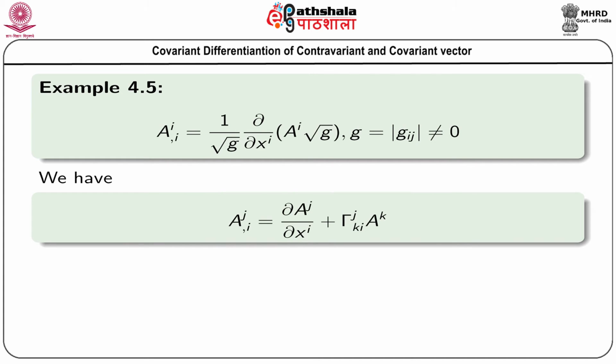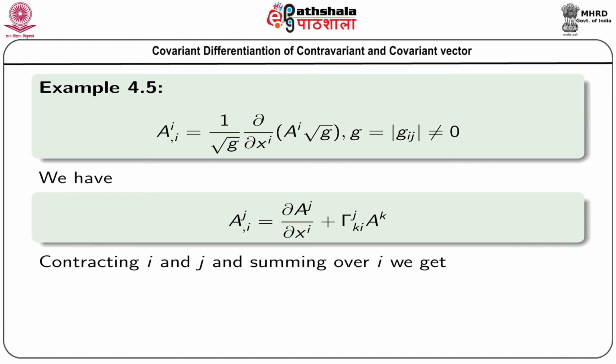Now, by the definition of covariant derivative of a contravariant vector, we have A^j_{,i} = ∂A^j/∂x^i + Γ^j_{ki} A^k.